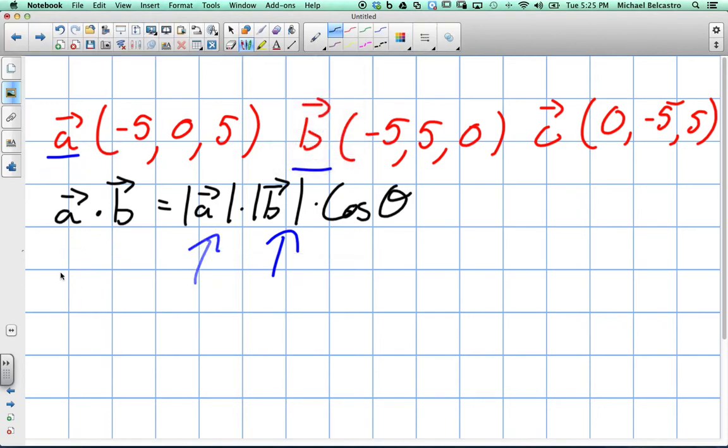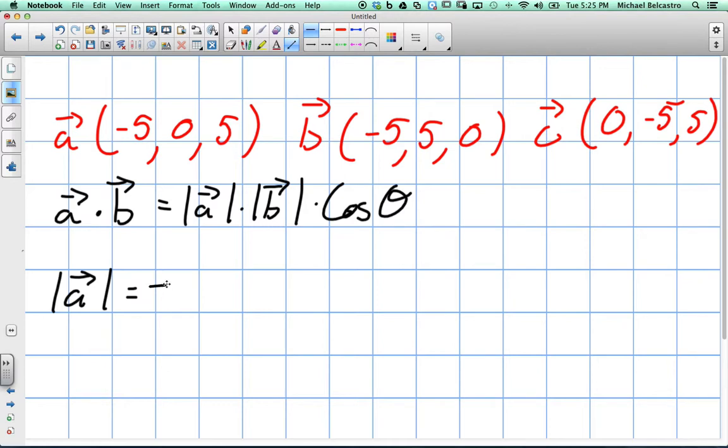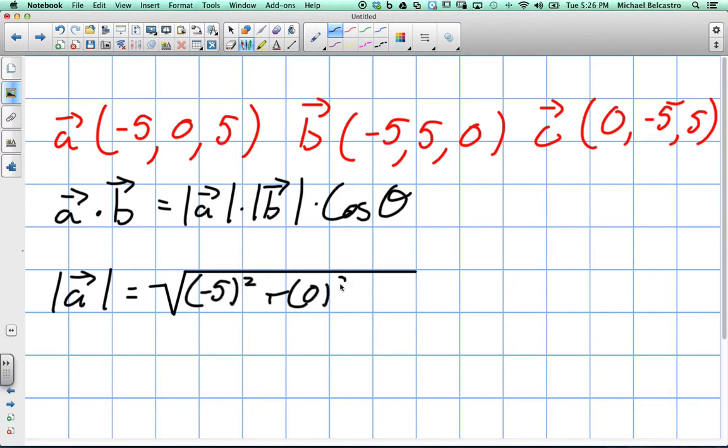This is information we're going to use throughout the rest of it. The magnitude of A is the square root of negative 5 squared plus 0 squared plus 5 squared, which gives us 2 25s, and together that gives us the root of 50. Does that make sense?